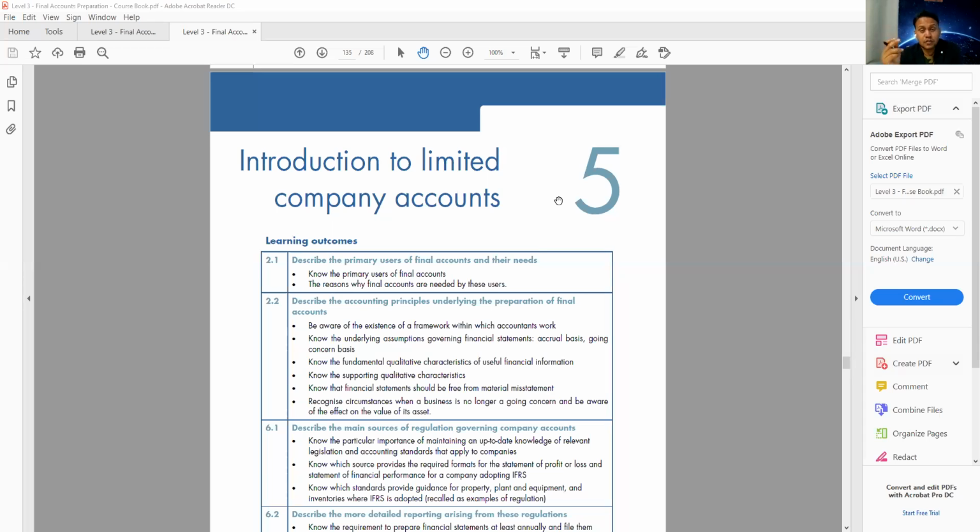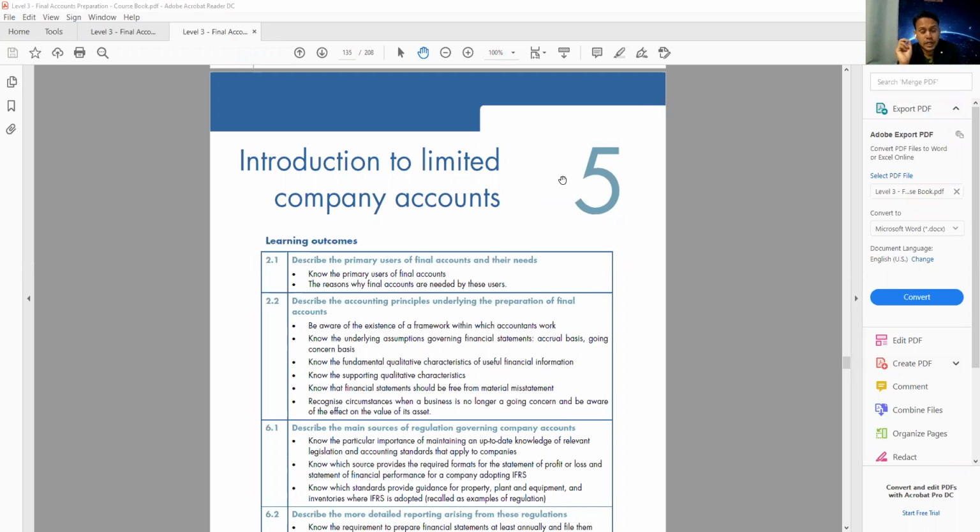In that case, you have to prepare limited company accounts for them, because 99% of people who come to you will have a limited company. The reason is they open a limited company to take the benefit of limited liability. So most of your clients will be limited companies, and there you have to know how to prepare the accounts for them.